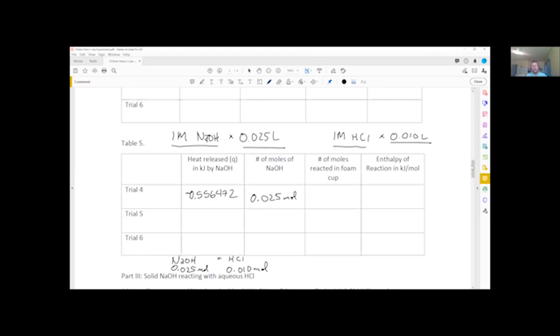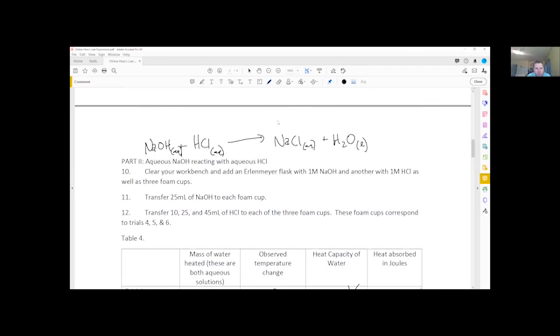Now, when we look at a neutralization reaction between NaOH and HCl, I wrote it earlier. This is a 1-to-1 molar relationship. So 1 mole of sodium hydroxide perfectly reacts with 1 mole of HCl.